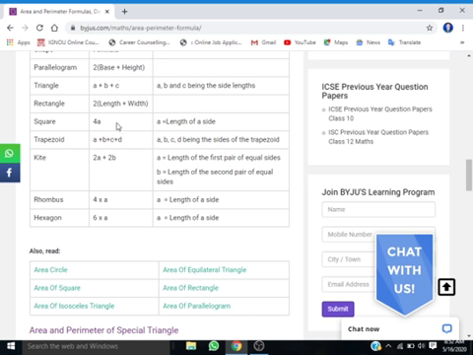Rectangle, 2 times length plus breadth, is already discussed. In the case of a square, there are 4 sides, so when we add all sides, it becomes a plus a plus a plus a, 4 times. So in the case of a square, perimeter equals 4 times a.